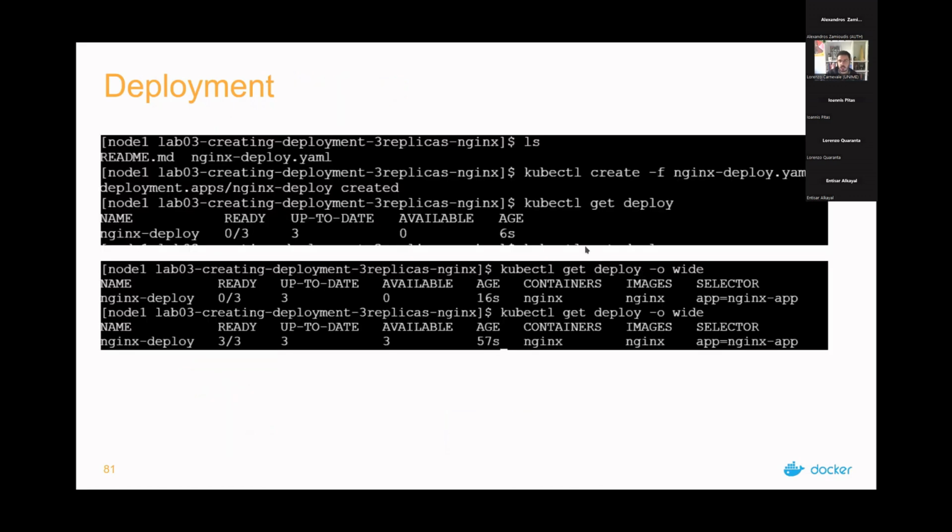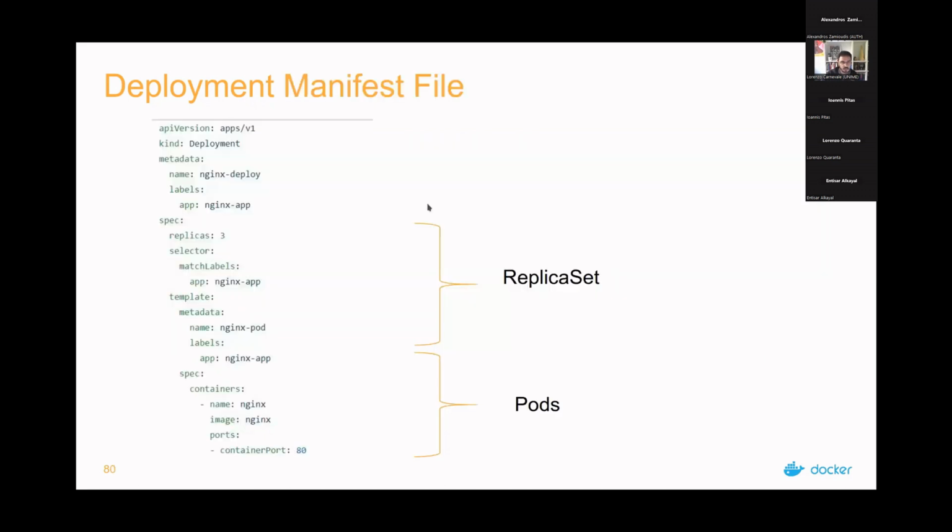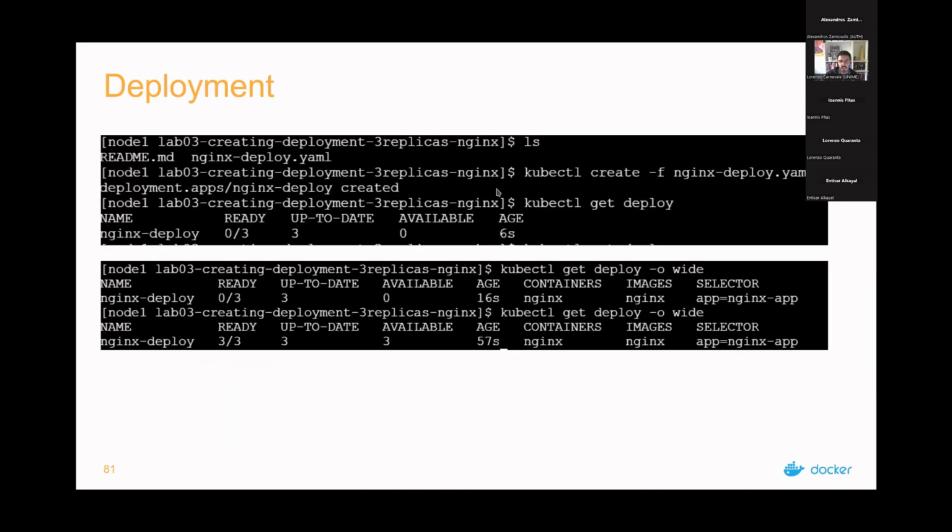So we can see here how to create this deployment. So there will be three replicas, okay? At the beginning, when we deploy the YAML file, we expect to have three replicas. They are running, okay, so they are now pending to pass to running.